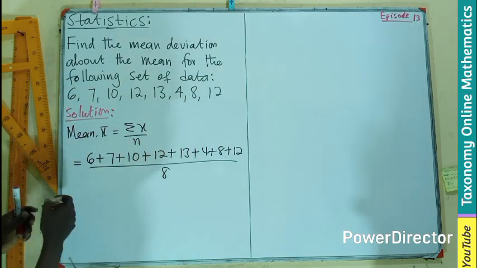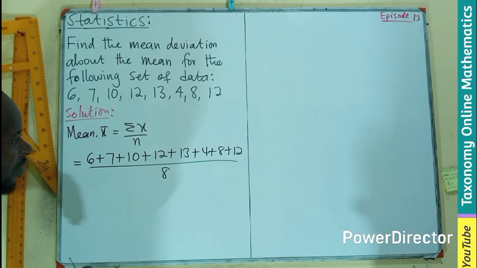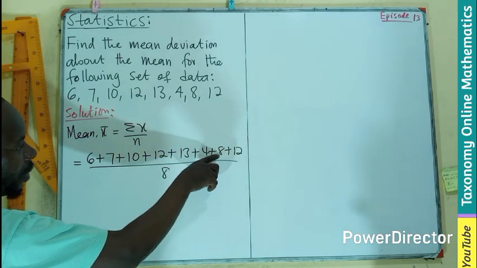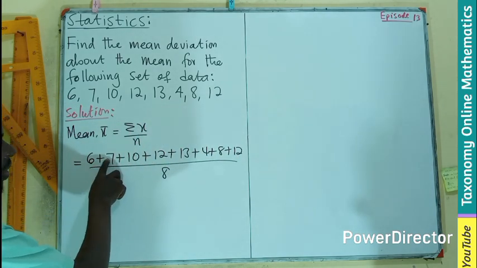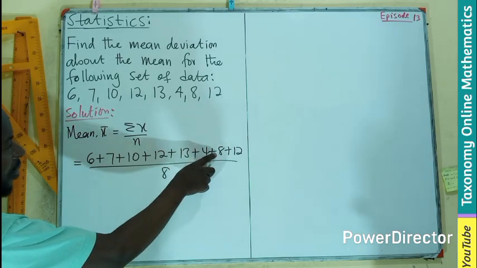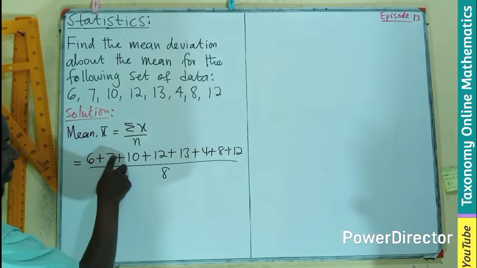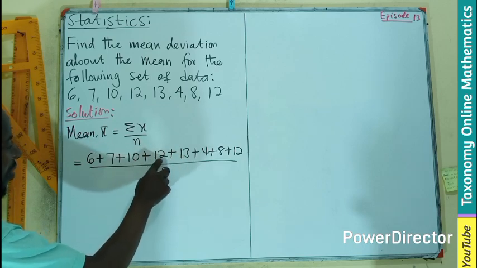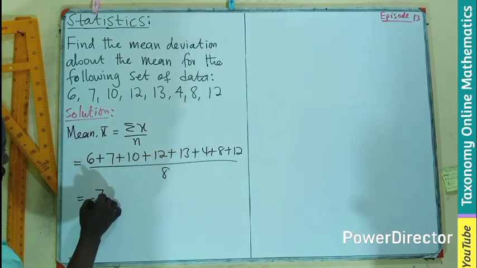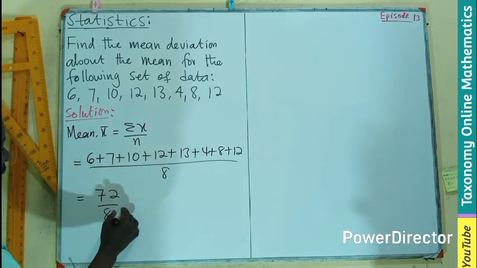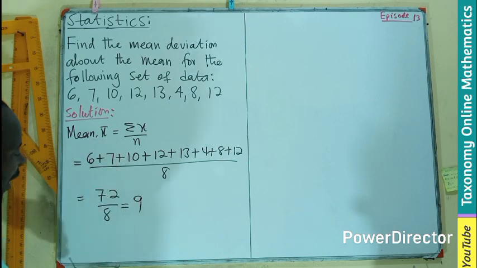So we have our 8 in here. Let's move and see. This will be 20, 30, 50, 60, 70, 72 divided by 8. And that should be 9, I guess.